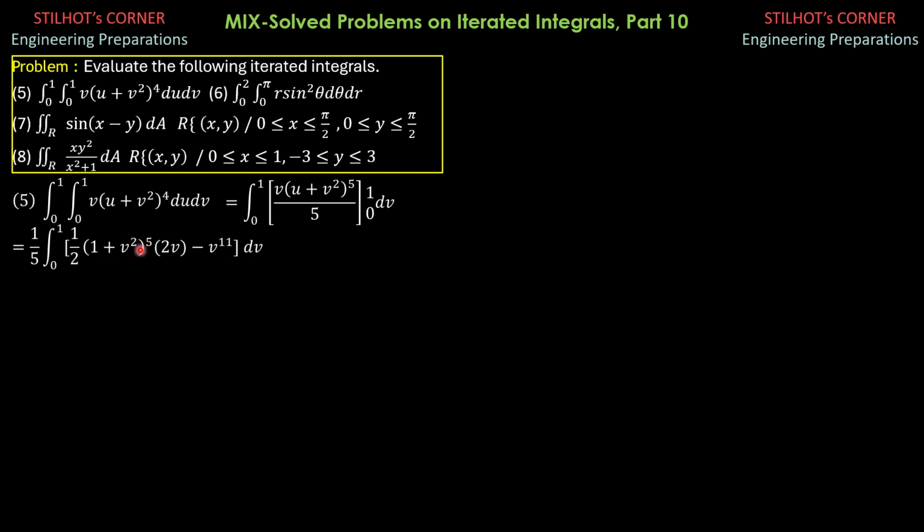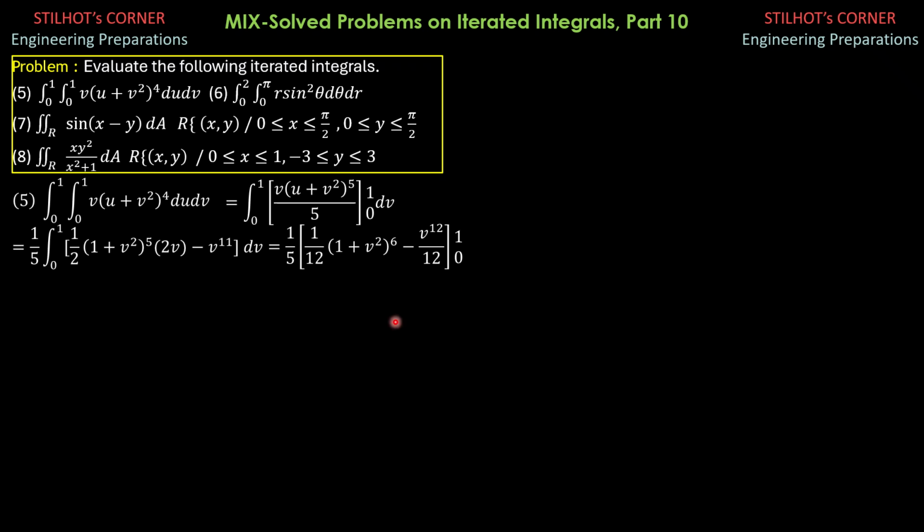So this is in the form we can evaluate by the power formula. So we have 1/5 of the quantity 1/2 times 1 plus v squared raised to 6 over 6, so that becomes 1/12. So 1/5 of 1/12 times the quantity 1 plus v squared raised to 6, and minus v to the 12 over 12, from 0 to 1.